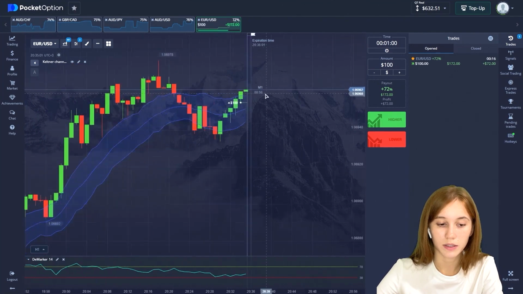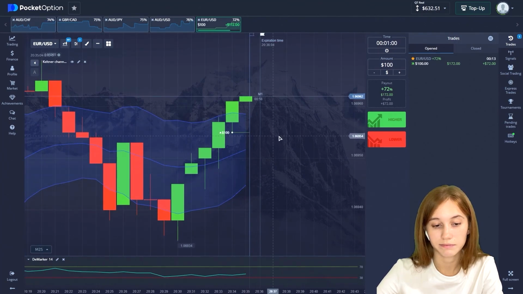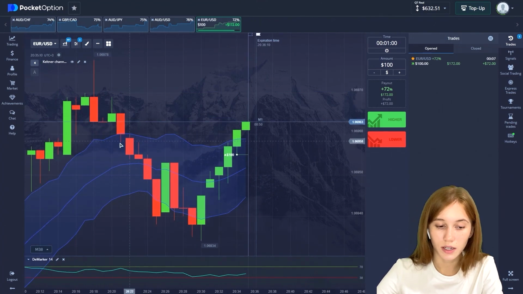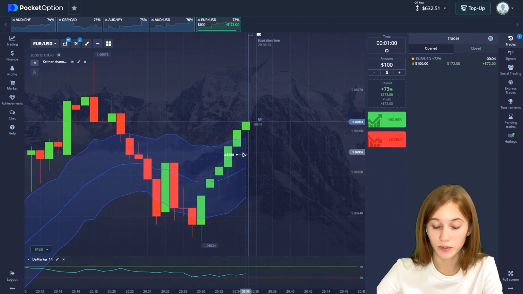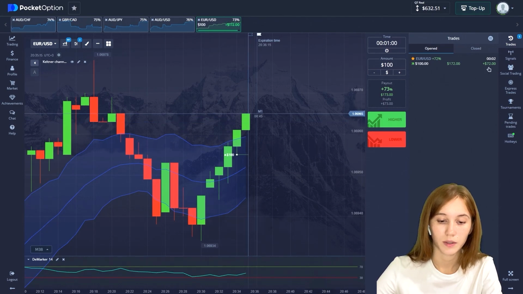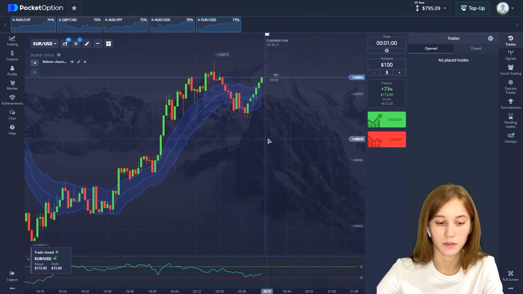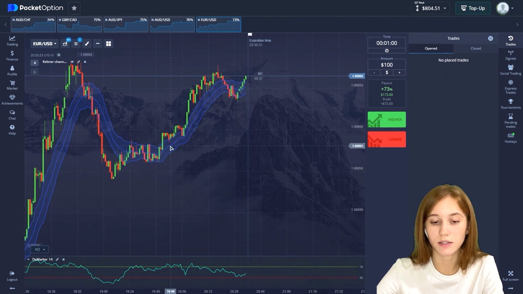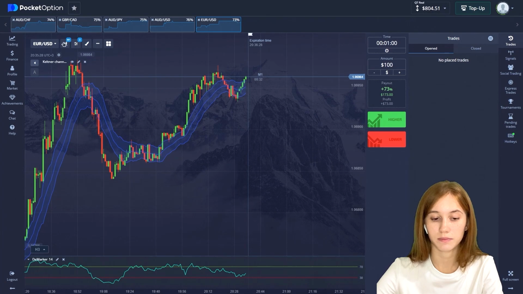By the marker we see some decreasing, ascending trend. 16 seconds until the end of the deal. Growth is stable. We can move on. So 3 seconds left until the end of the deal. Excellent. And this deal is closed with a plus.